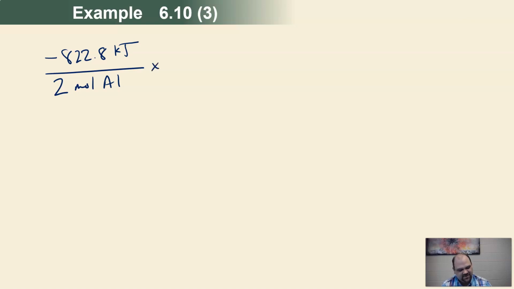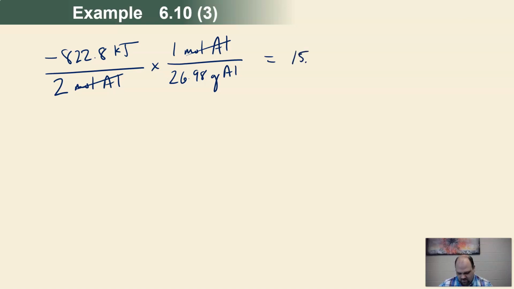It doesn't ask for kilojoules per mole. Again, it asks for kilojoules per gram. But 1 mole of aluminum from the periodic table is 26.98 grams of aluminum. Our moles of aluminum cancel, and we're left with 15.3 kilojoules per gram of aluminum. Okay?